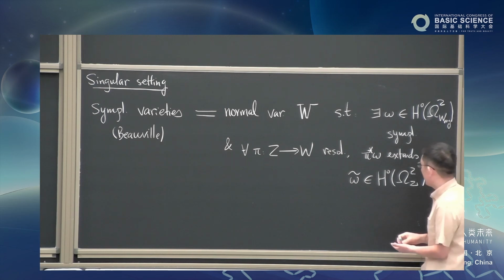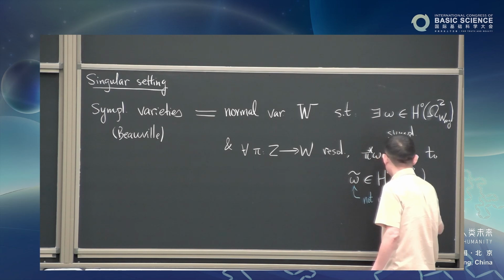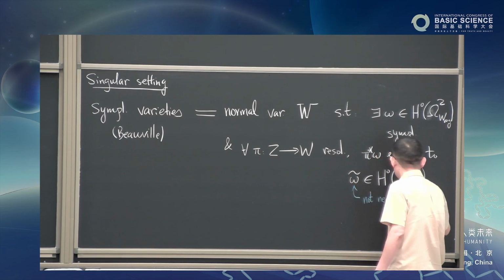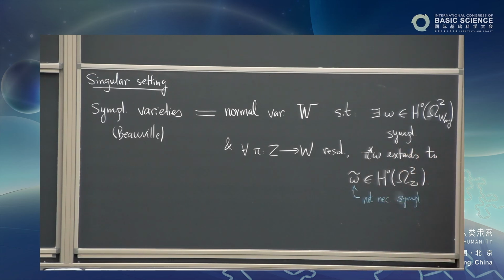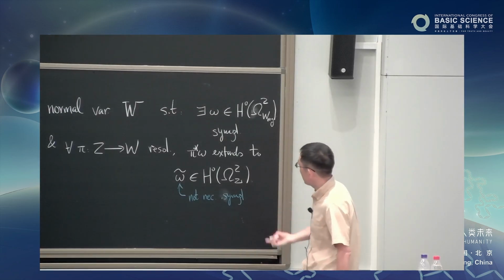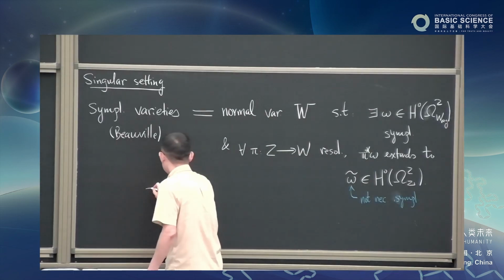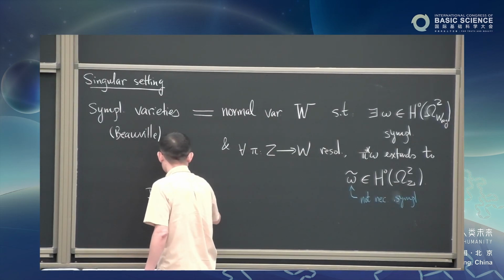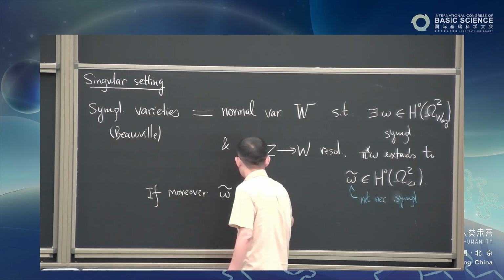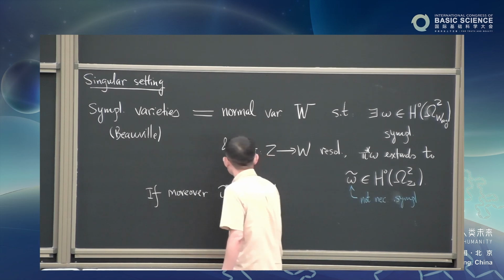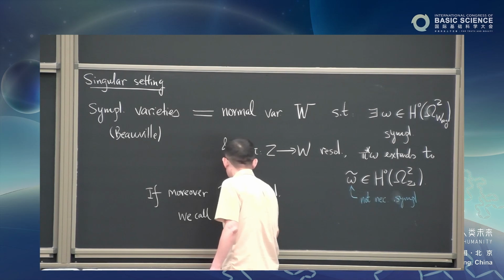And one caution is that this is not necessarily non-degenerate, not necessarily symplectic. So in general, this is not symplectic anymore. But in some cases, it's symplectic. So if moreover, this is the definition of symplectic varieties. If moreover, this extended two form is again symplectic, then we call pi a symplectic resolution.